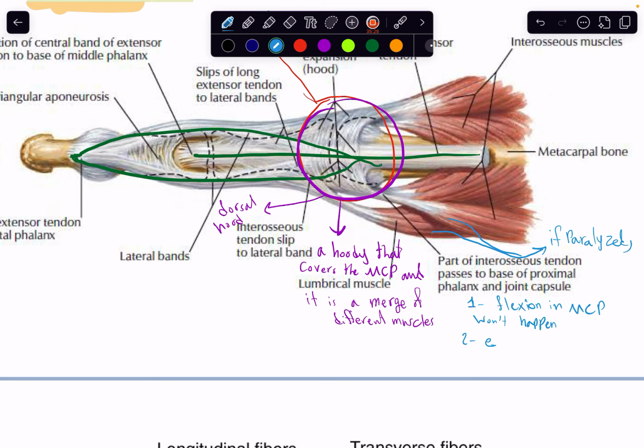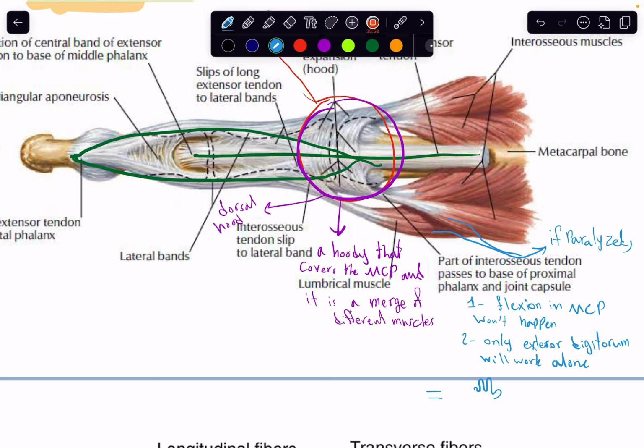The other lumbricals, right? And the median nerve is actually supplying the remaining flexor digitorum profundus, right? And the median nerve is also doing this flexion, right? So if the median nerve is damaged, flexion will not occur, right?